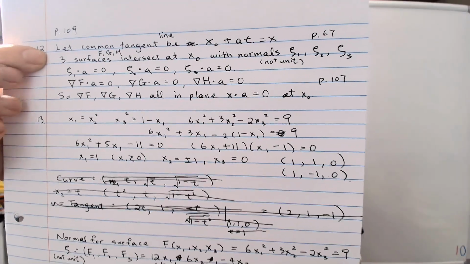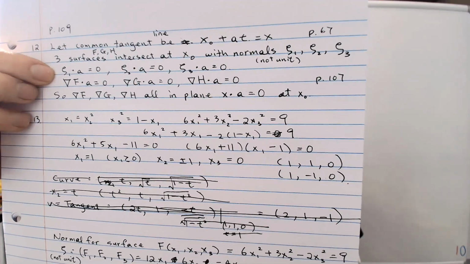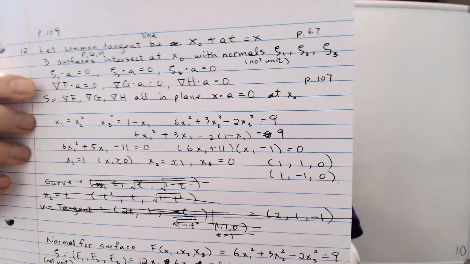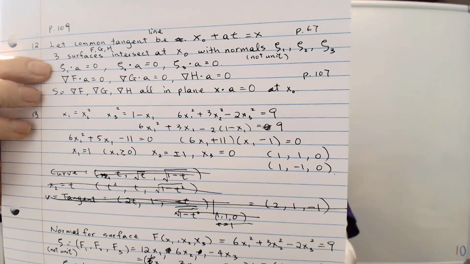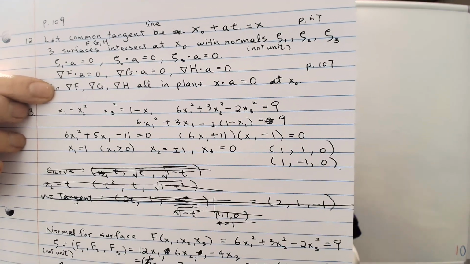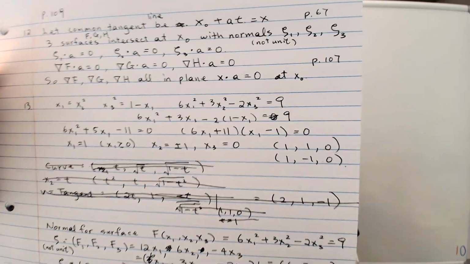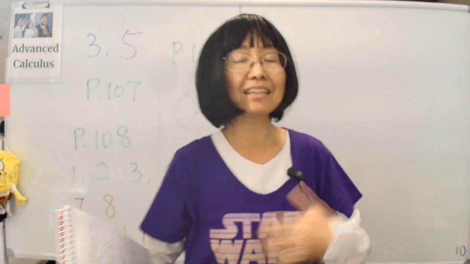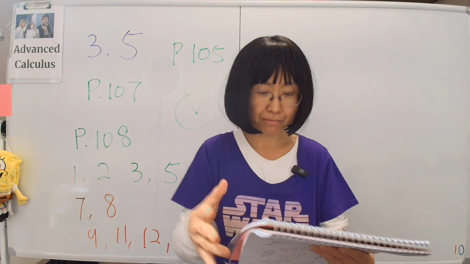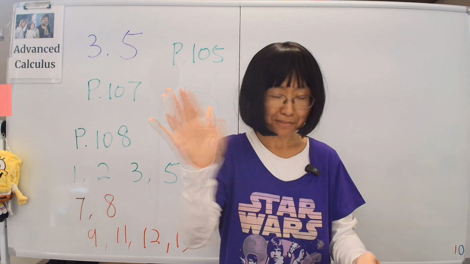The three surfaces will have three normals, and each normal dotted with the direction of the tangent line will be 0, since the normal is perpendicular to the tangent. Which means that grad f, grad g, and grad h are all in a plane, x dot a equal to 0 or something close enough, such that they're all in the same plane at that point.